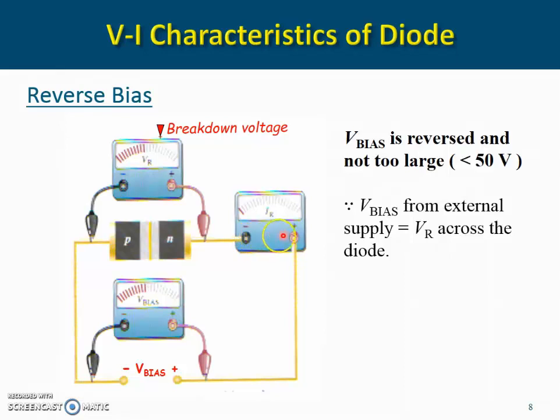Since the voltage drop across the current meter is insignificant, it's like one wire directly connects to the cathode and the other wire directly connects to the anode. So the V bias, this voltage, is essentially the same as this VR across the diode.